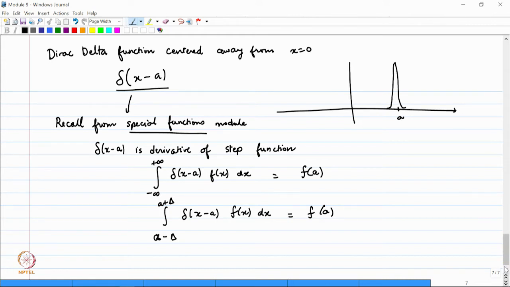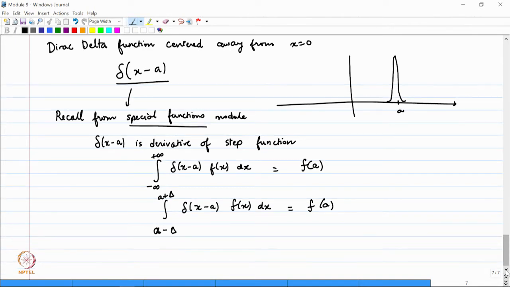So, the Dirac delta function appears very naturally when you are dealing with Fourier transforms. Since the Dirac delta function is only defined under the integral, what is done is, suppose you have f of x equal to a constant.